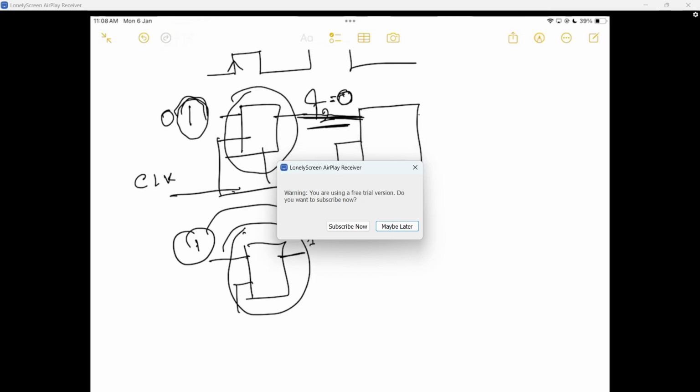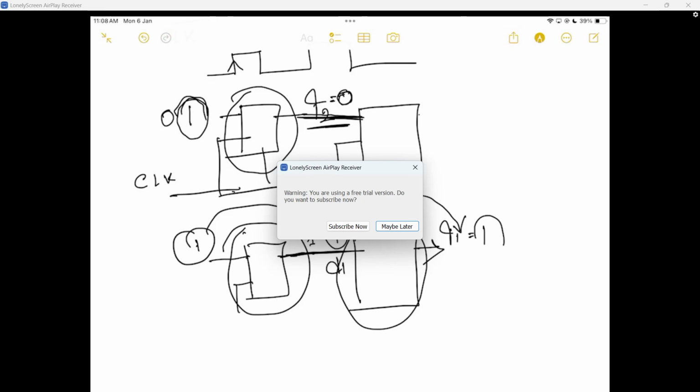And what is Q1 now? This is Q1. It's connected with the output of Q2 to the input of this flip flop. So D1 was 1 previously. Now this one is transferred to Q1. So now Q1 is equal to 1.